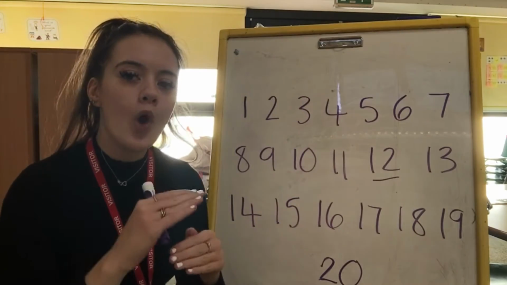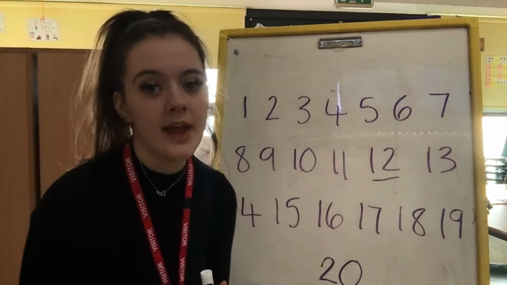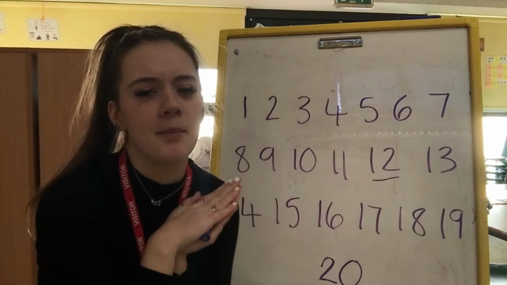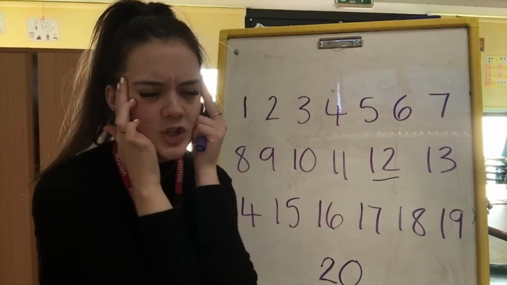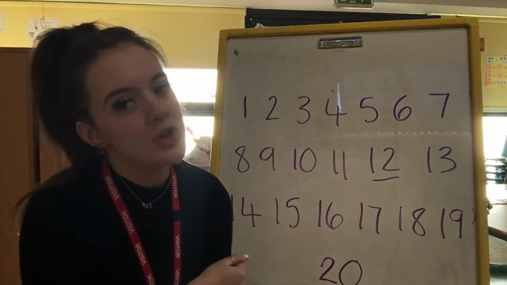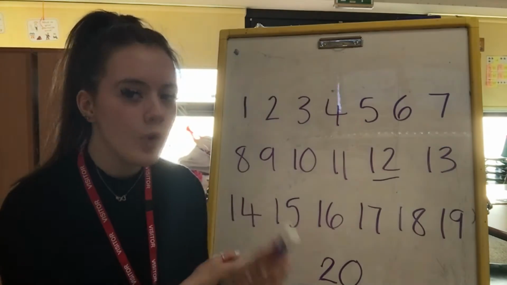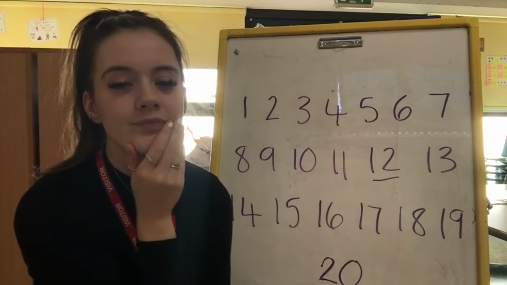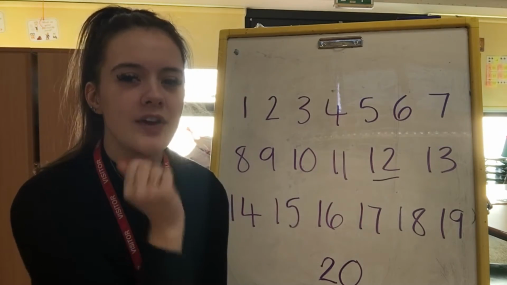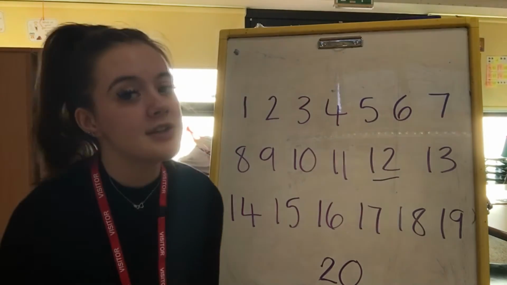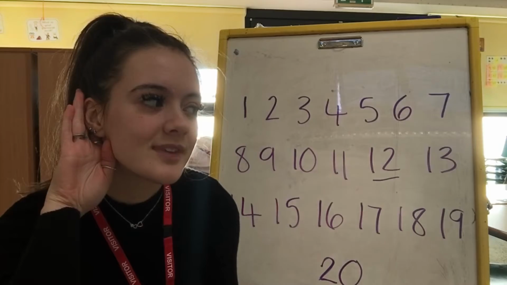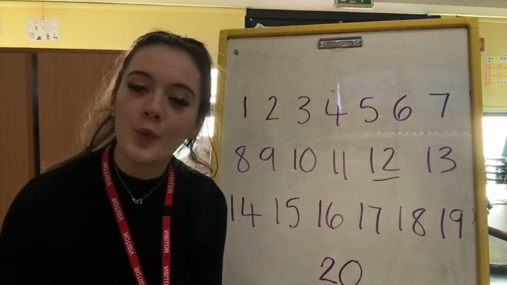If we have one more than something, does our number get bigger or does our number get smaller? You have a think and tell your adult next to you. Okay, now you've had a think and told your adult, I want you to tell Miss Beth, does it get bigger or smaller? It gets bigger. Well done.